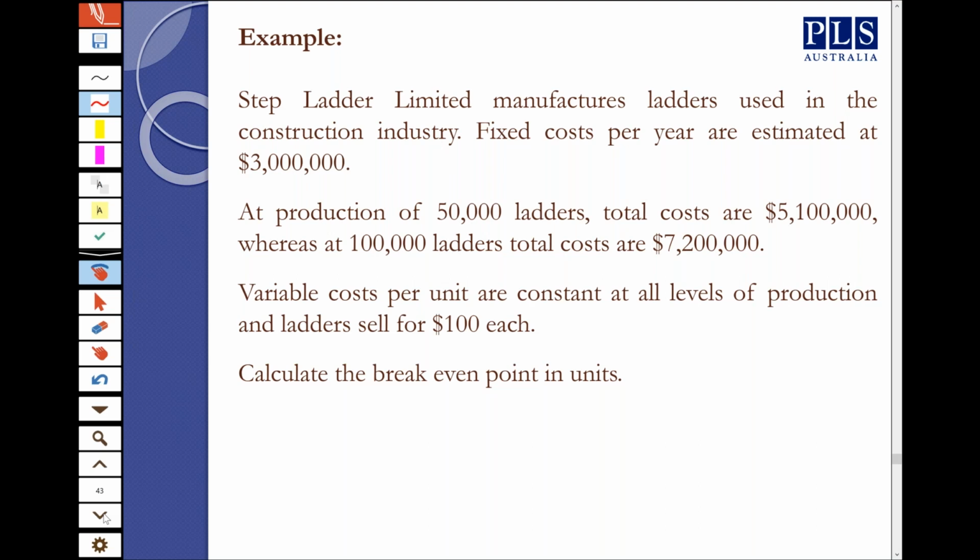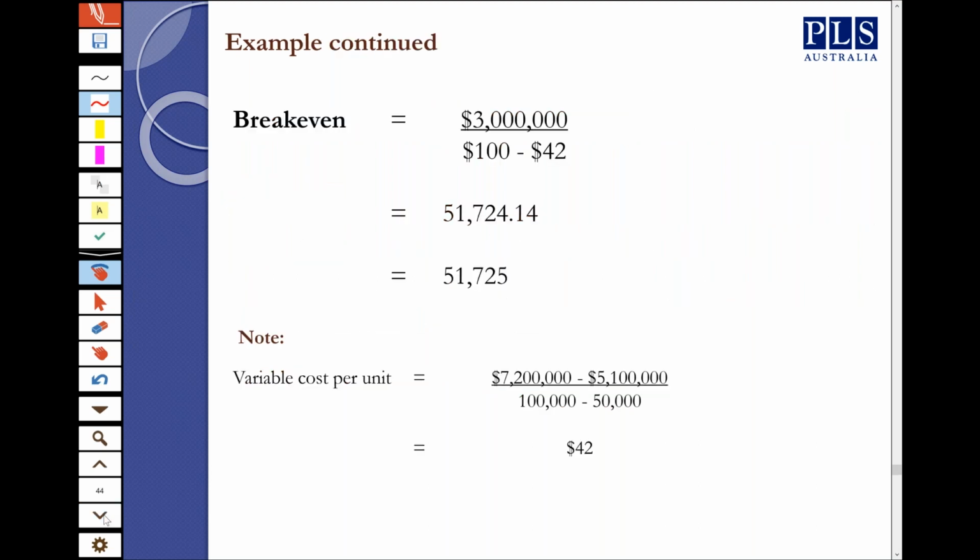So first of all, note how I've given you the fixed cost figure. What I haven't given you, however, is the actual variable cost. So note, as you walk into these questions, don't expect all the numbers to be clean. You've actually used that information there to calculate your variable costs. So the movement from your 7.2 to your 5.1 over your movement in 50,000 units gets you a variable cost per unit of 42.